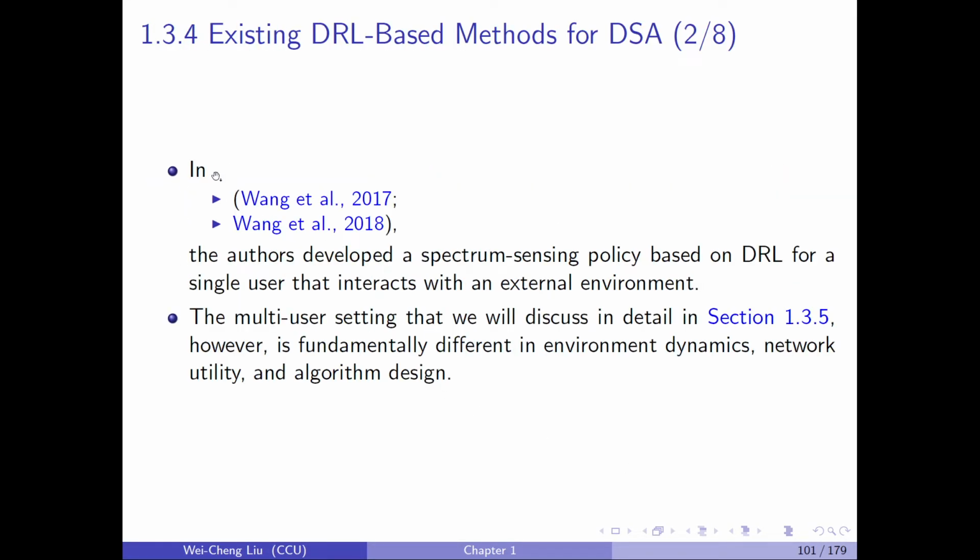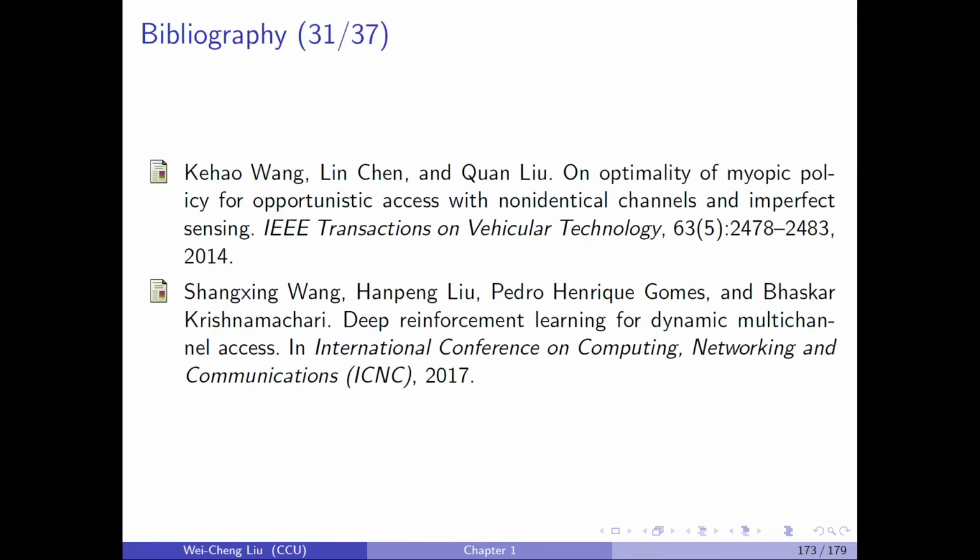Okay, next is Wang et al. 2017. The paper title is Deep Reinforcement Learning for Dynamic Multi-Channel Access, in the International Conference on Computing, Networking and Communications, ICNC, in 2017.